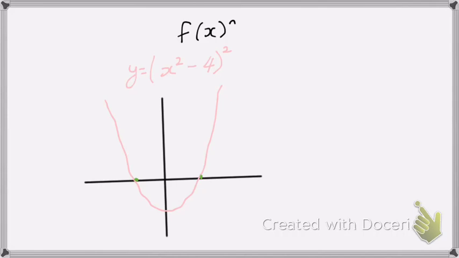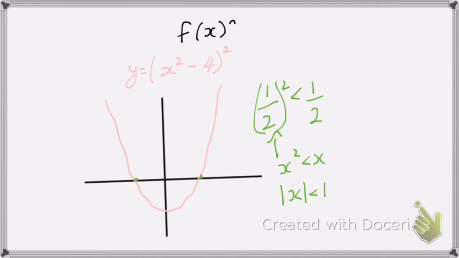Now the key is that numbers like a half squared get smaller. And this is true, any number here is smaller if its absolute value is less than 1. If I square a fraction, the number on the top stays the same if you make it 1 over a number, and the number on the bottom gets bigger. So you're dividing by a bigger number, so the fraction gets smaller.